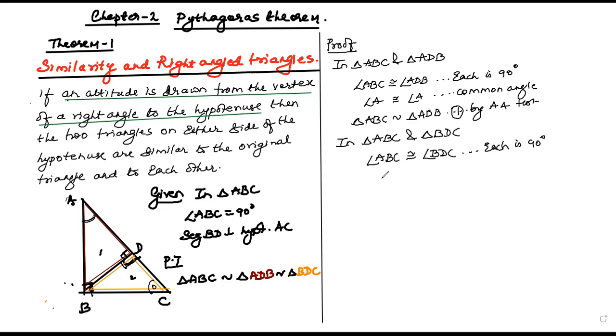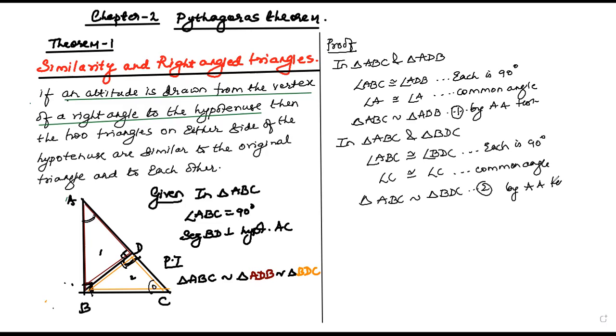This angle C is a common angle for both the triangles. Don't you agree? So naturally, what will happen, children? Triangle ABC is similar to triangle BDC by statement number 2, by AA test.